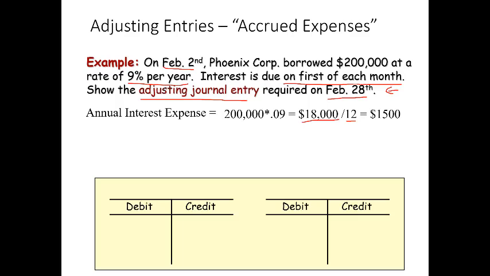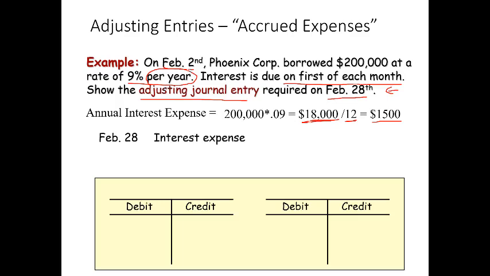So you should always assume you have an annual interest rate, unless they say otherwise. The annual interest expense is $18,000, but since only one month has gone by, we divide that by 12 to get $1,500 of interest for February.